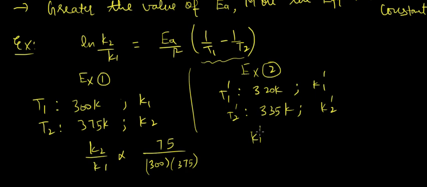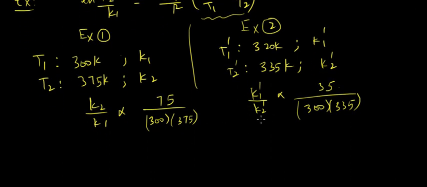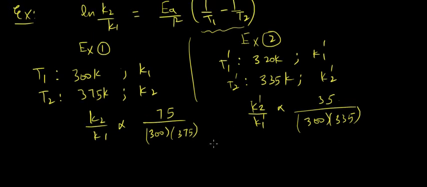In this case, k2 dash upon k1 dash will be proportional to 300 times 335 in the denominator, and in the numerator we would have 335 minus 300, which is 35. So clearly k2 upon k1 is greater than k2 dash upon k1 dash.